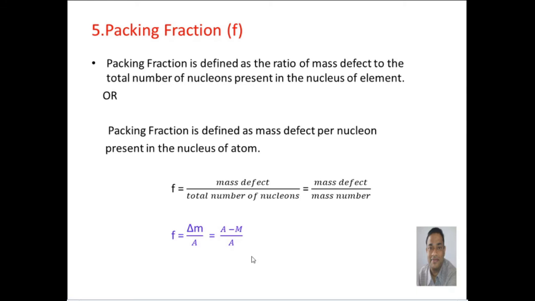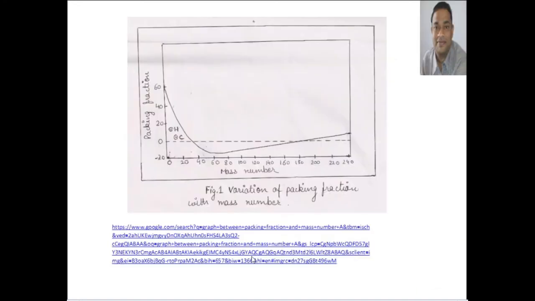So F is equal to delta M divided by A, but delta M is equal to A minus M. So finally we get F is equal to A minus M divided by A.